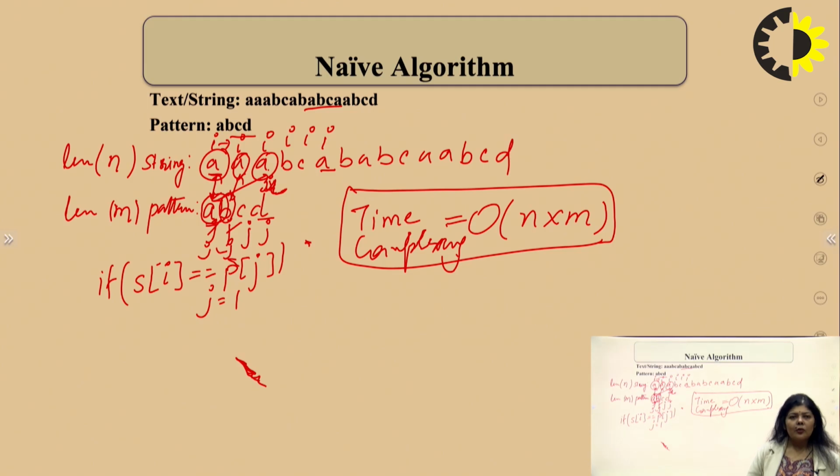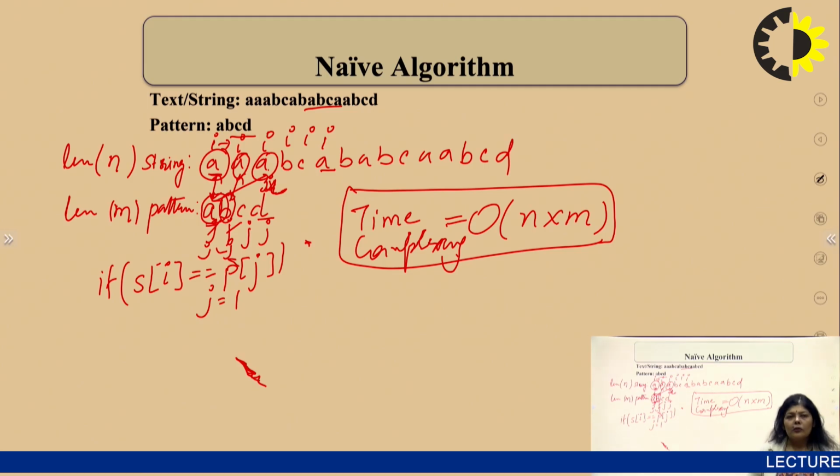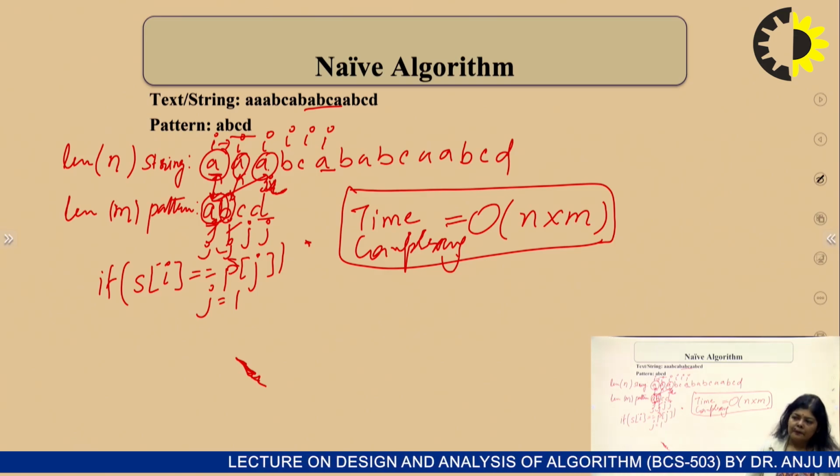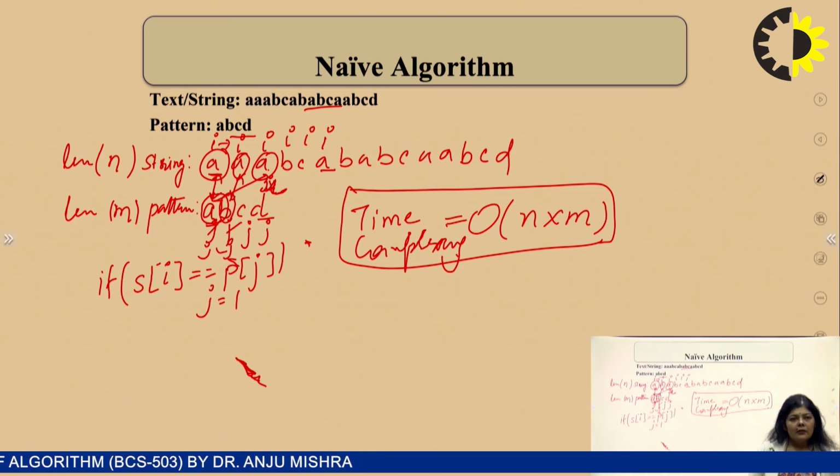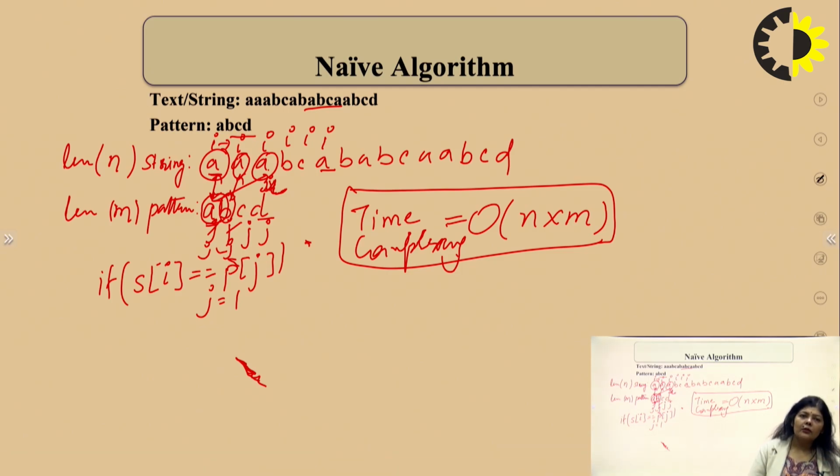In the string matching problem, for example, if you know there is a functionality in Word where we search for some word in a paragraph or document, the pattern usually has a lesser length compared to the string or the text. The length of the text is much larger than the length of the pattern.